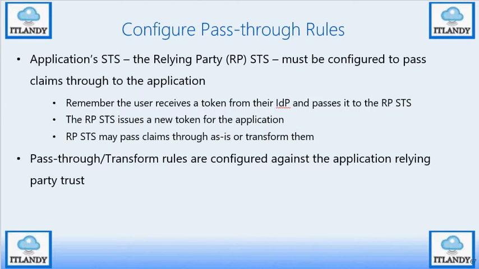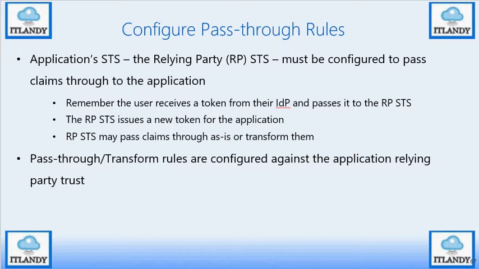The application STS, the relying party, must be configured to pass claims through to the application. Remember, the user receives a token from their IDP and passes it to the relying party STS. The relying party STS issues a new token for the application.